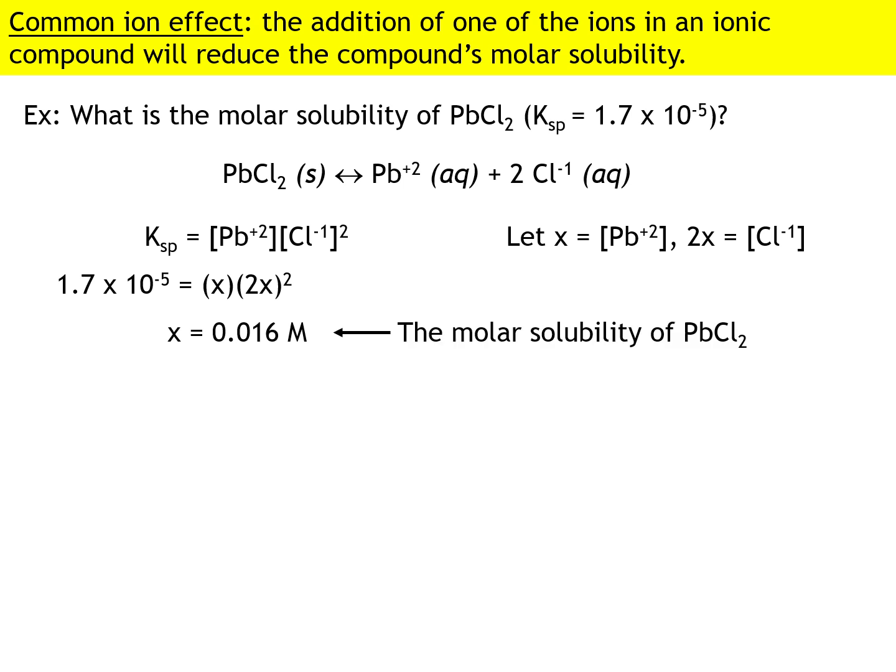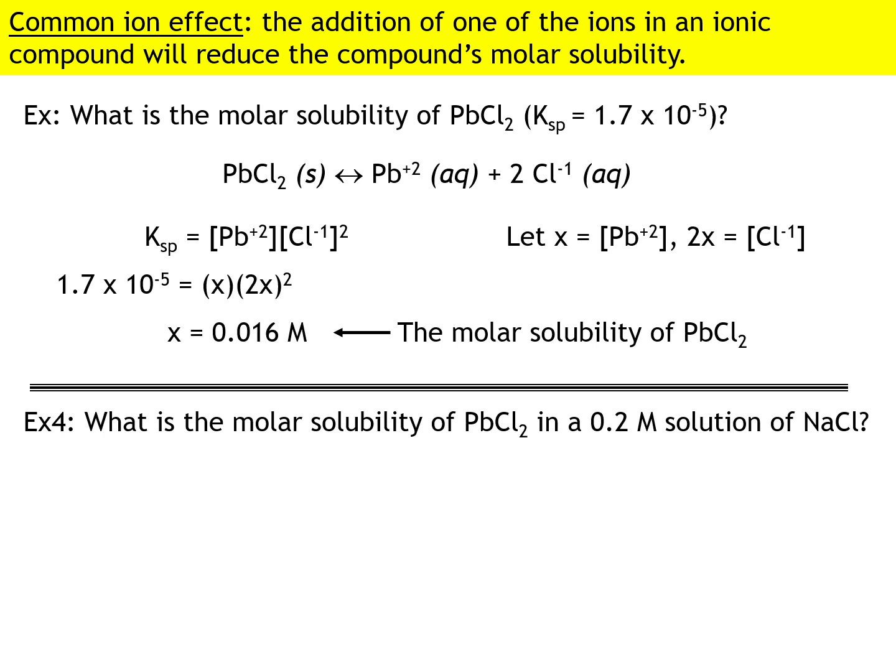We do the math, solve for x, and we end up with the molar solubility of lead 2 chloride. So 0.016 molar. So yes, lead 2 chloride will form a precipitate if there's enough chloride present, but it's one of those that's kind of on the edge as far as whether it's going to make a good precipitate or not.